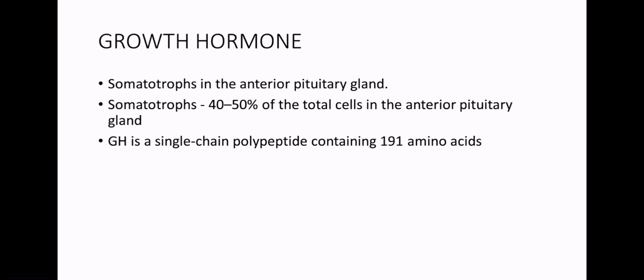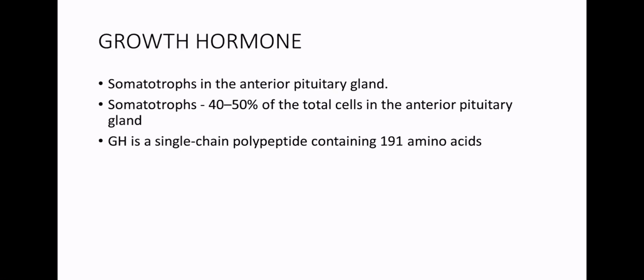Growth hormone is a single-chain polypeptide containing 191 amino acids. It shares structural homologies with prolactin and hPL, and we know that hPL is synthesized exclusively in the placenta.